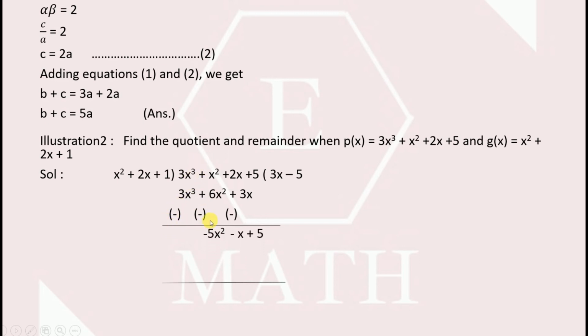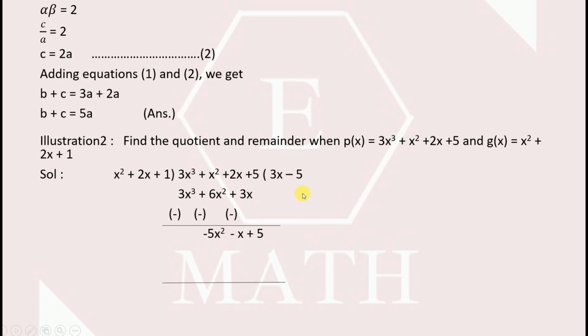And then finally we get minus 6 and plus 1, which will be equal to minus 5x square, and here minus 3 and plus 2x will be minus 1x, and then plus 5 we bring down here. And then think of an expression: what should be multiplied to x square to get minus 5x square? It's minus 5.